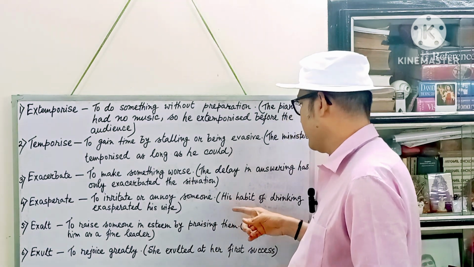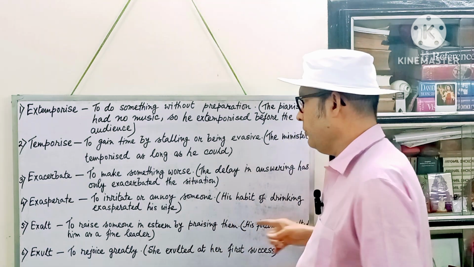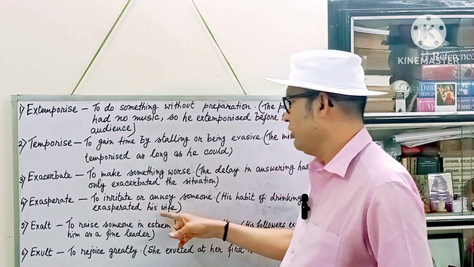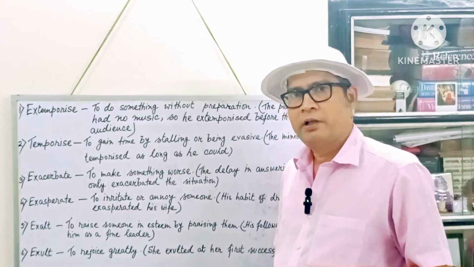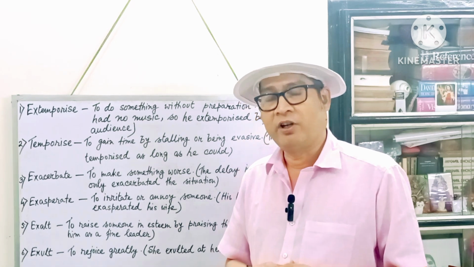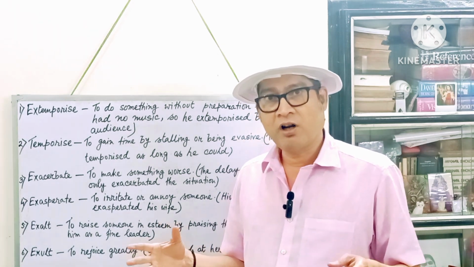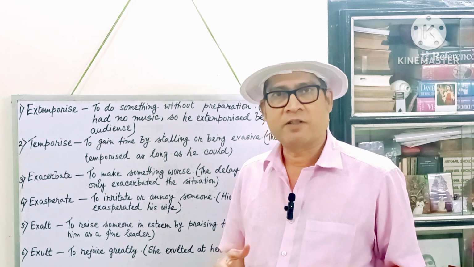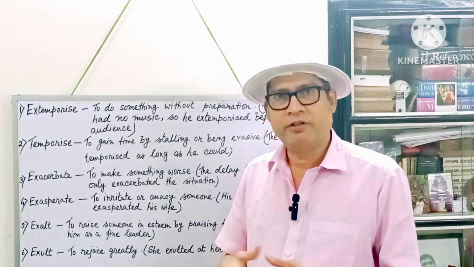Let's look at the example sentence. His habit of drinking exasperated his wife. He drinks maybe every evening, he returns home drunk, and his wife gets very, very angry, hopping mad.